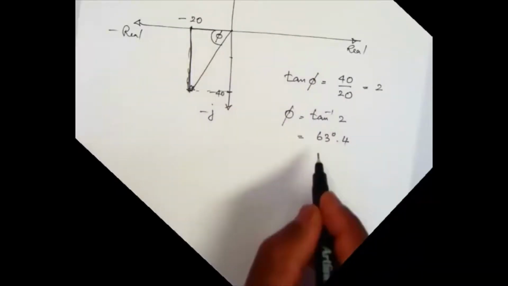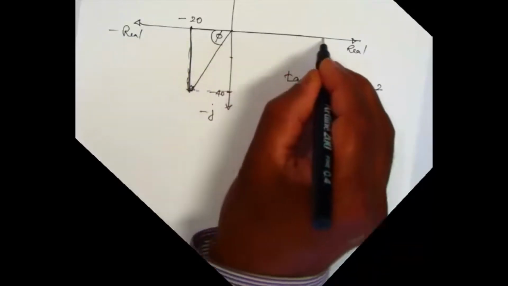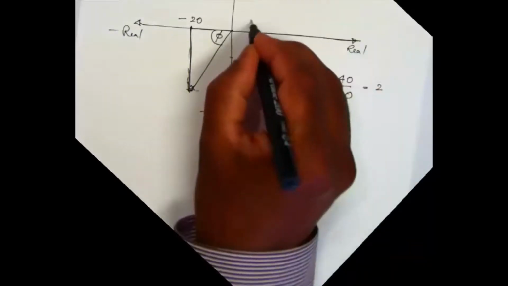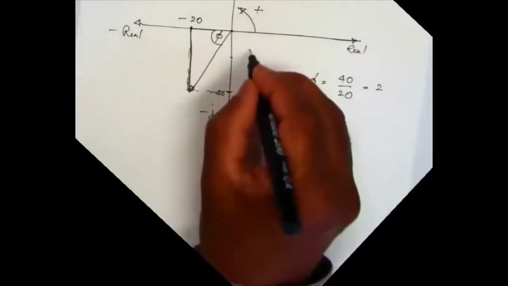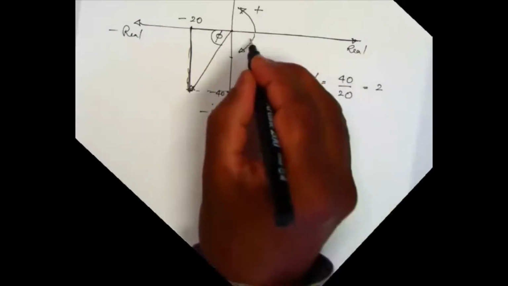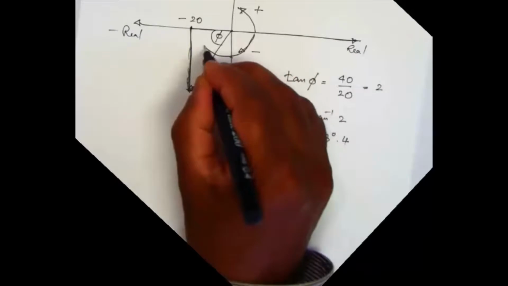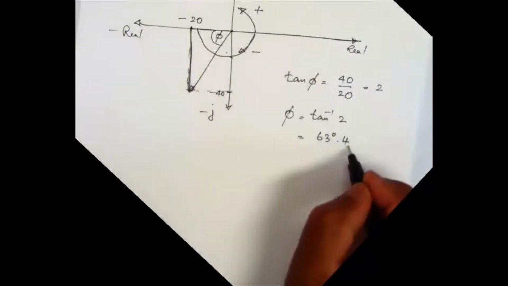And now we have to find how we can represent this, because we are starting from the positive real axis, and if we go counterclockwise it is positive, and if we go clockwise it is negative. So we know this whole angle is 180, and now this is 63.4.